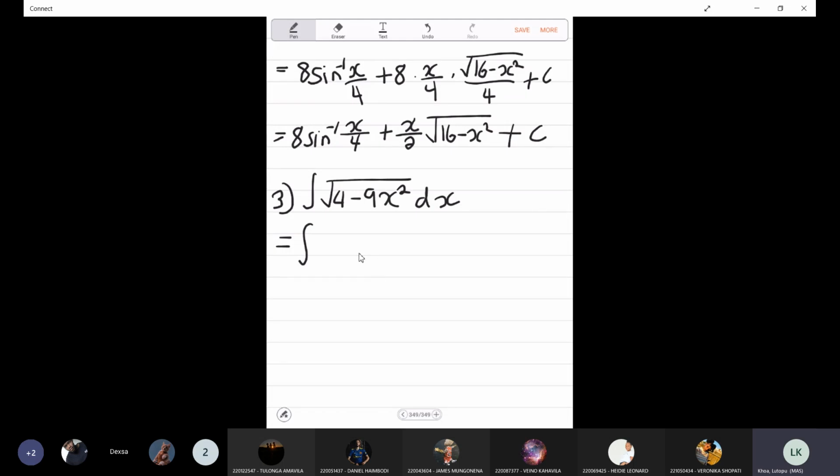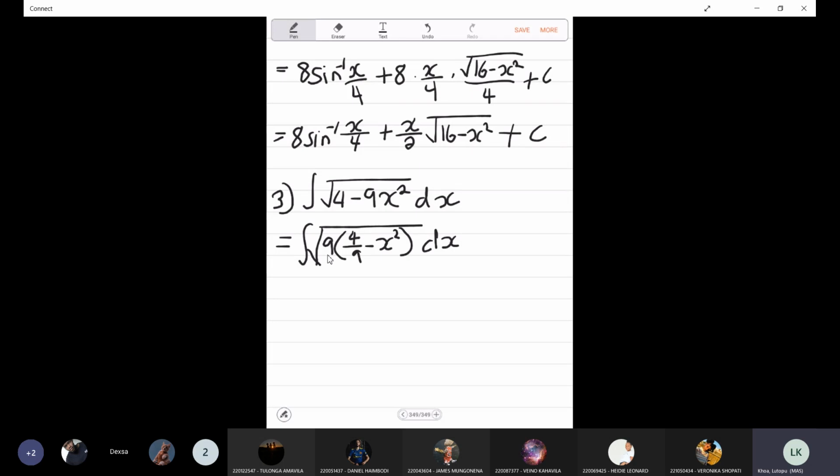Okay, so we say we need to factor out the coefficient of x squared. This is the square root. We take 9 out, and then here we will have 4 over 9 minus x squared, and then dx.